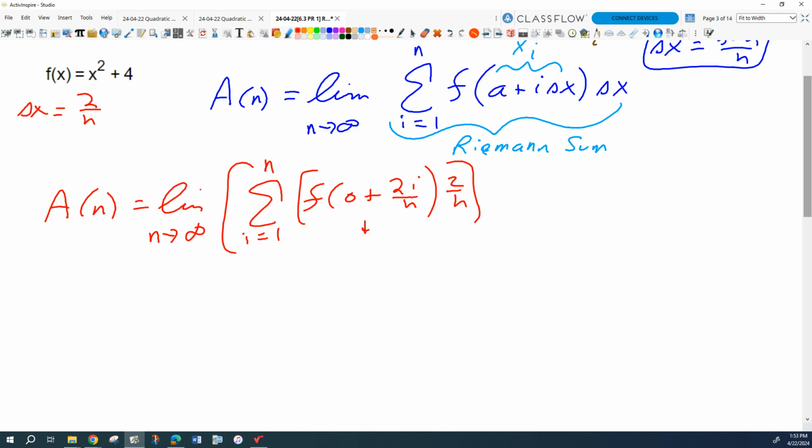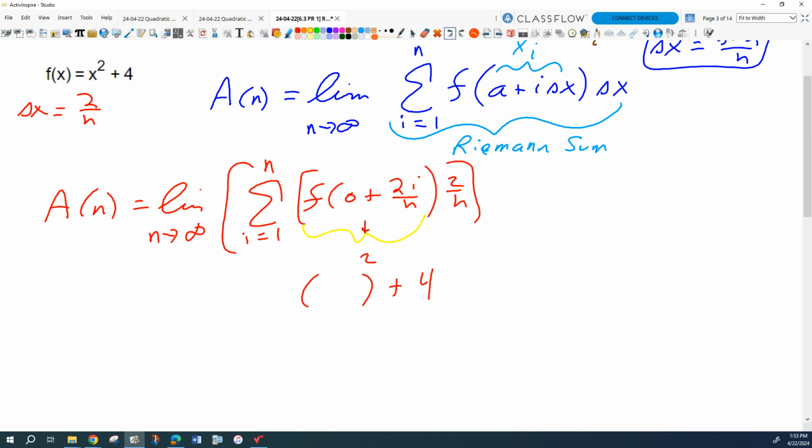So f of that is just going to give me (2i over n) squared plus 4, right? That's what all this stuff is giving me. Agreed? Okay. Times 2 over n. And by the way, what's that? Just 2i over n, right?